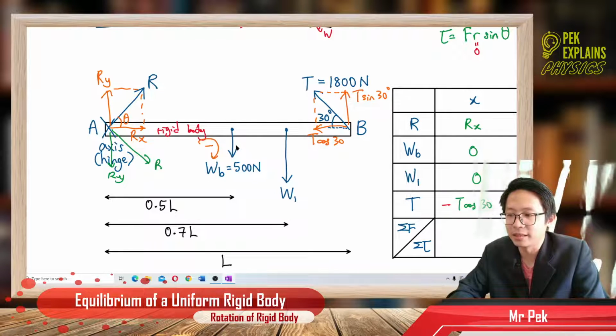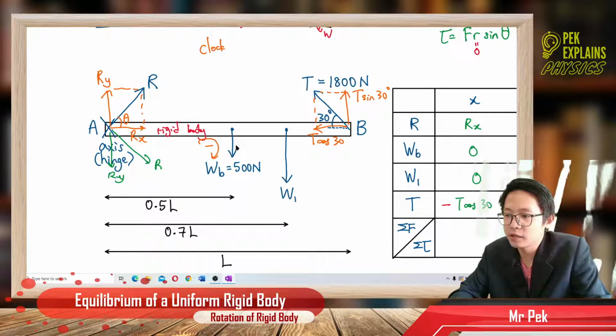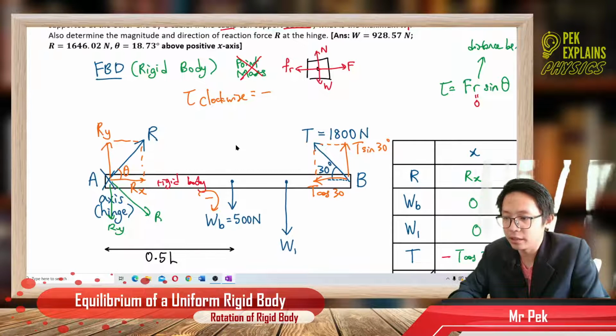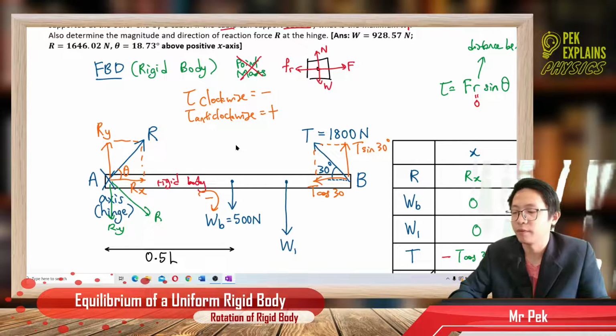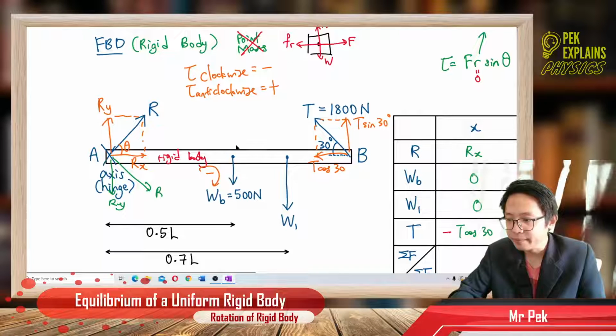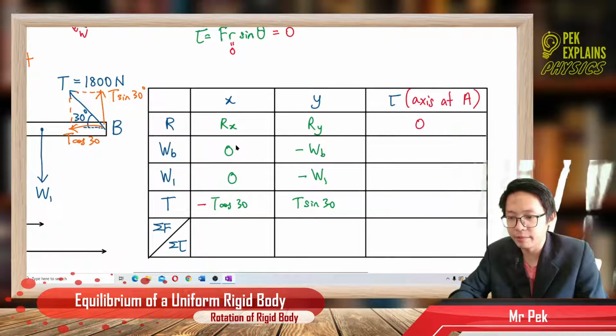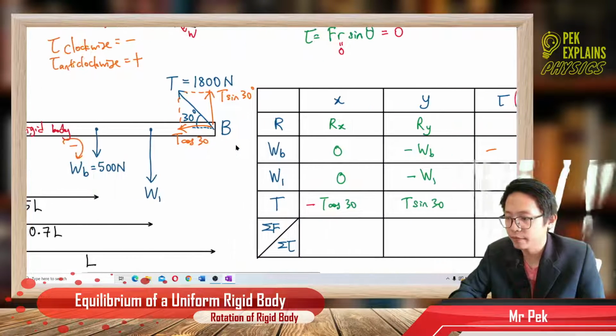Clockwise rotation is negative. Understand? Torque clockwise is negative. Torque anti-clockwise is positive. Just put like that. So remember to put negative because it's clockwise.